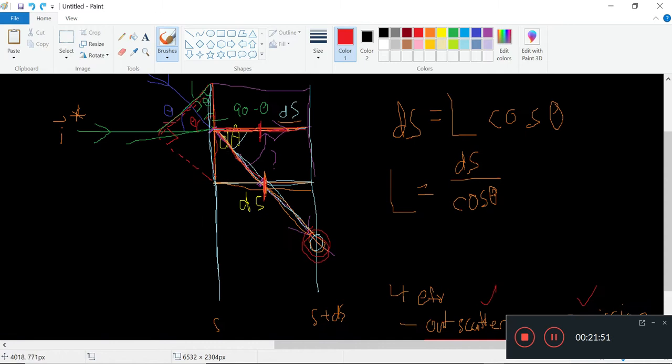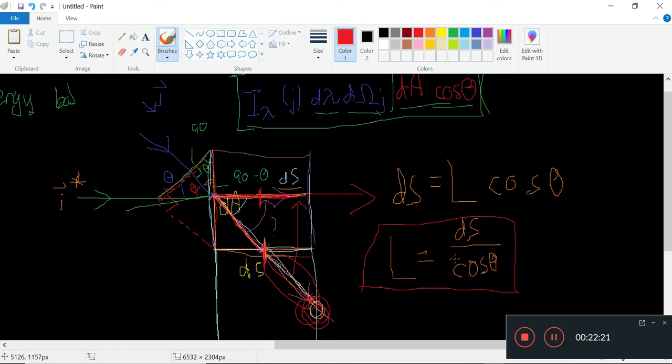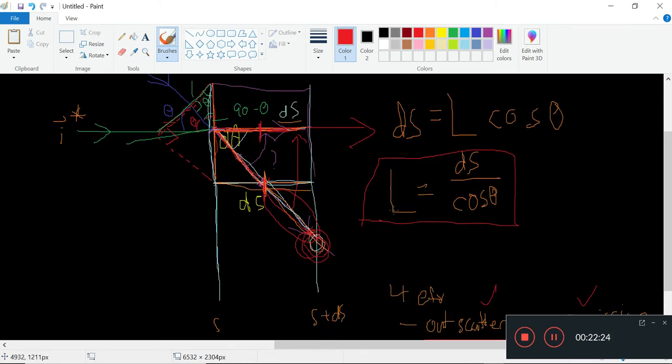So the distance is slightly longer from here to here, and it has to exit at this point, so that as the ray travels from here to here, it can still get scattered into the primary direction, which is here. We have discussed that the ray being scattered from a different direction travels a length L, and that L is ds over cosine theta.